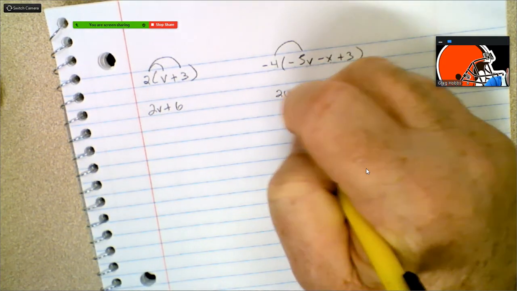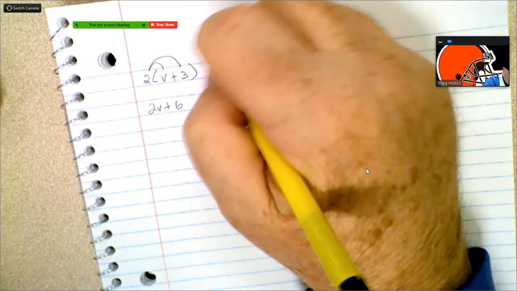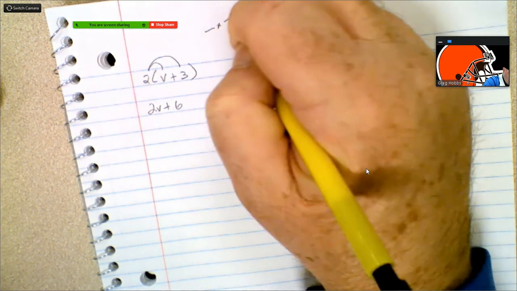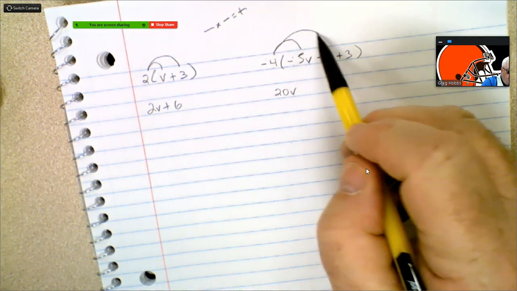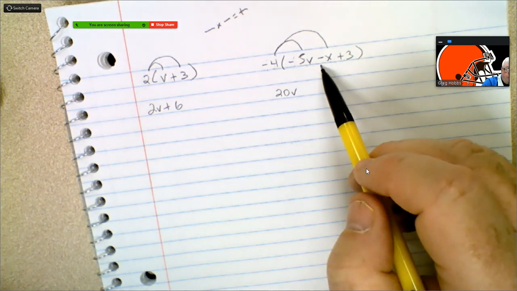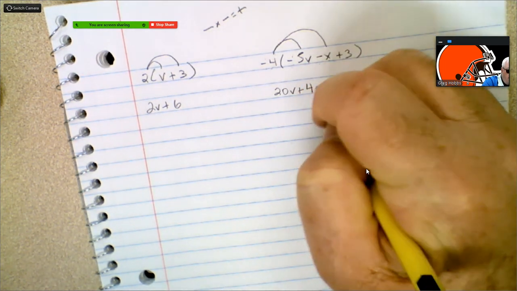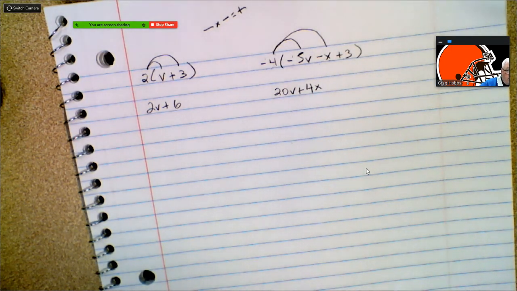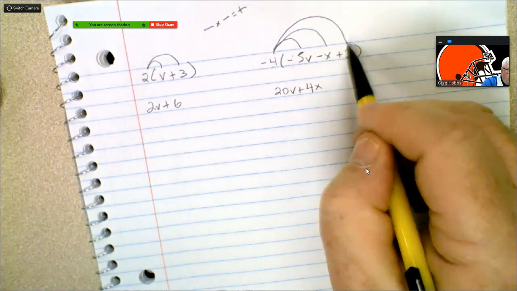-5V is positive 20V. Because a negative times a negative, write that note down to yourself, a negative times a negative equals a positive. We got -4 times -X. Well, negative times a negative is a positive, and then 4X. Then we got a -4 times a +3.